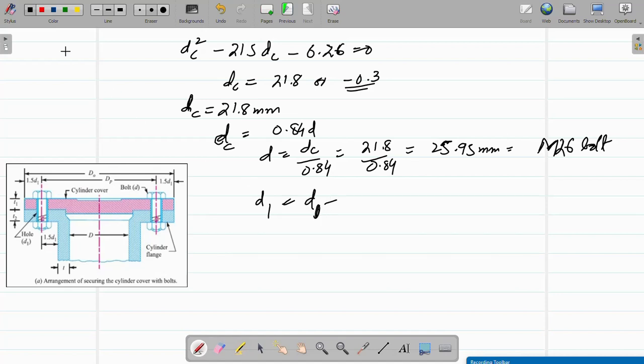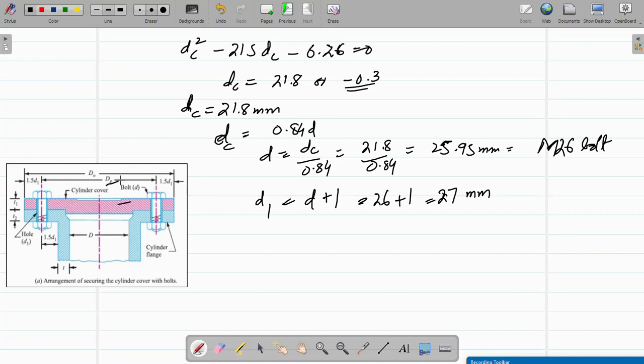If you want to drill a hole for the bolt, always remember the standard says it must be 1 mm greater than your standard value. So 26 is the nominal diameter. Just add 1 mm, so you get a hole diameter of 27 mm. Now you know that the drill hole you have to provide in the cover plate must be 27 mm.